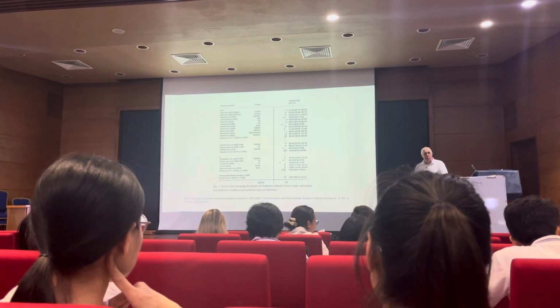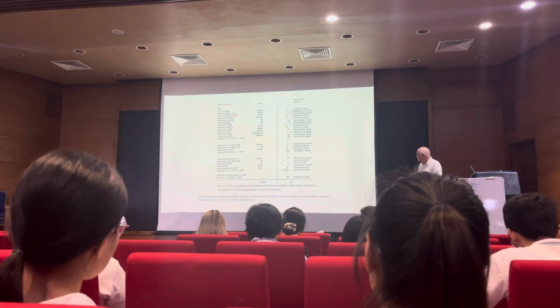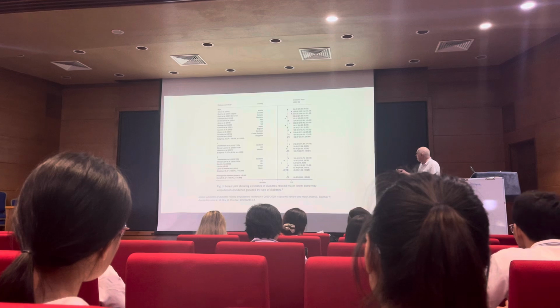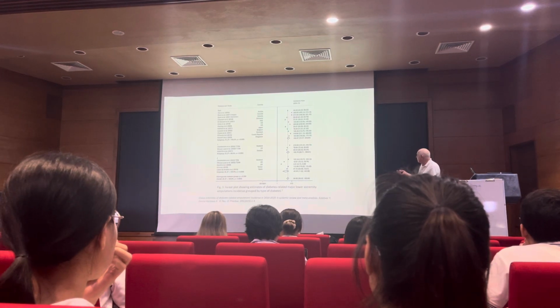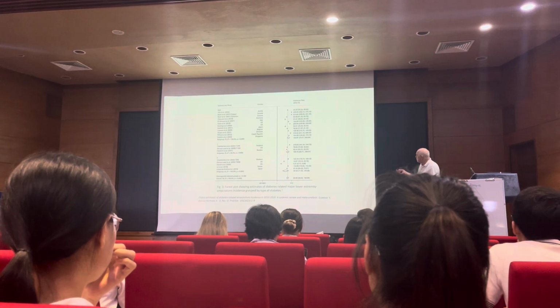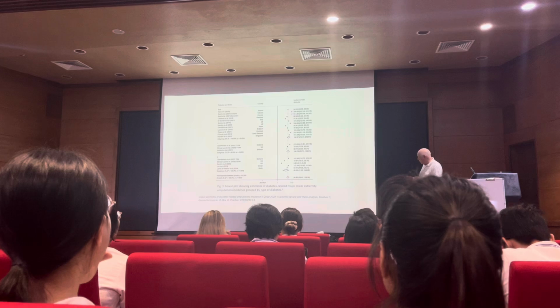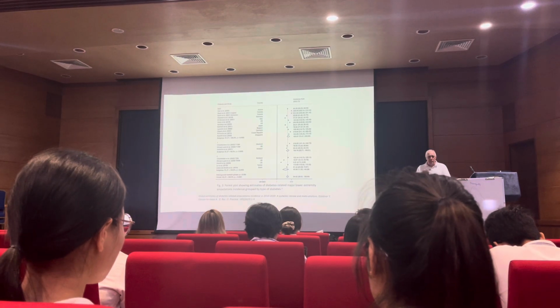So we have to do a much better job ourselves. This is major amputations. Again, same thing here. Some countries are doing much better than others, like Denmark. Actually, the United States is doing pretty well here. Italy, not so well. So again, we have to do a better job because this problem is not going to go away.